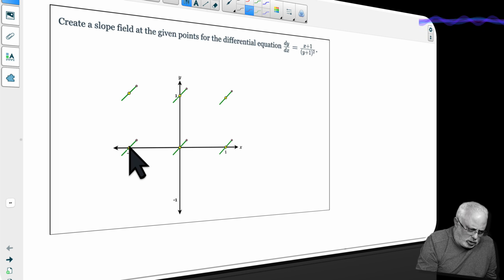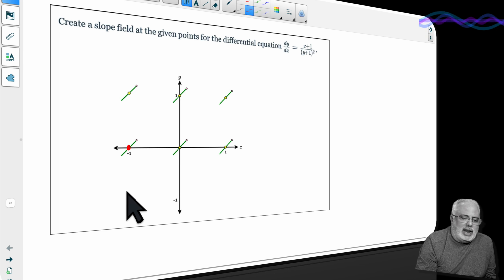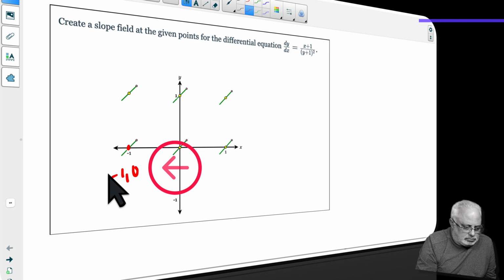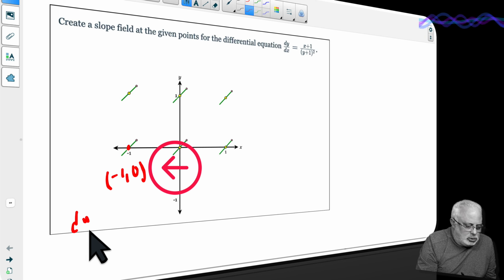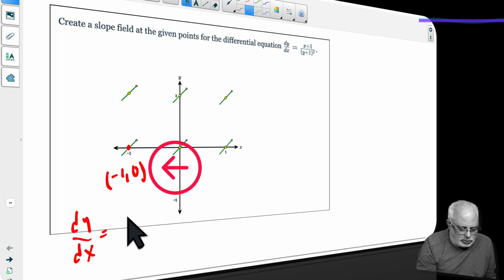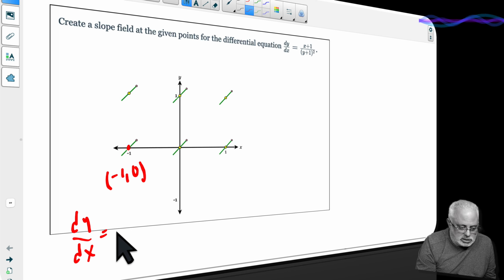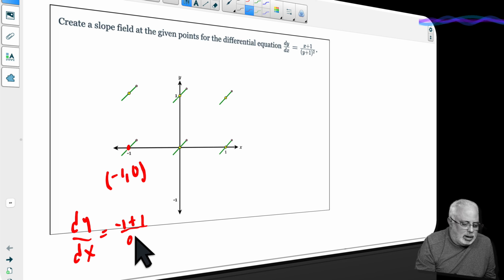I can start with this point right here, which is negative 1, 0. So I'm going to evaluate dy/dx for negative 1, 0. The x is negative 1, the y is 0. I substitute x by negative 1 and y by 0.